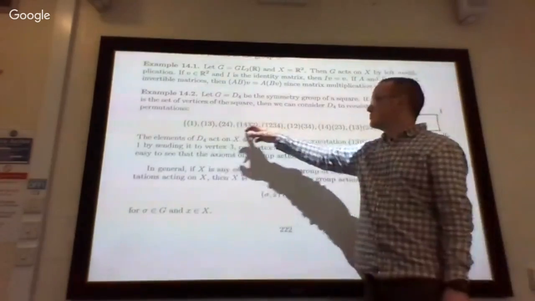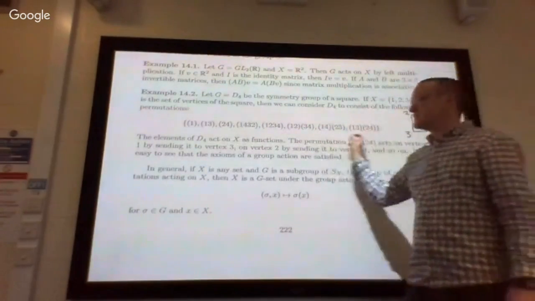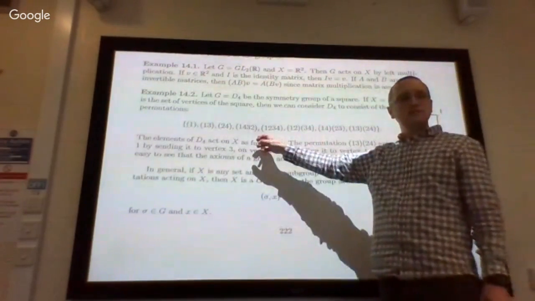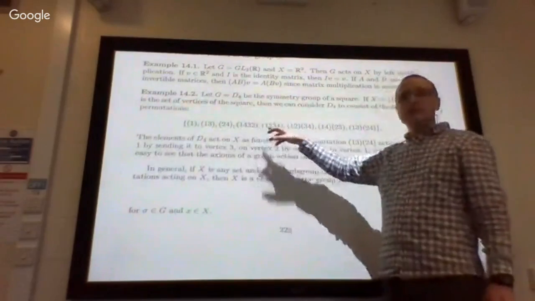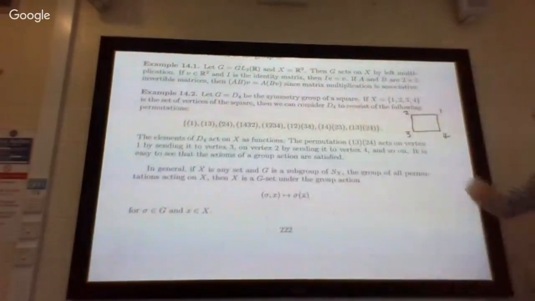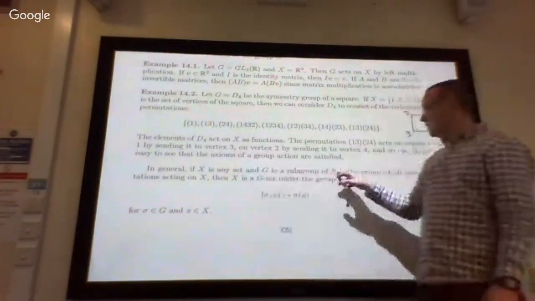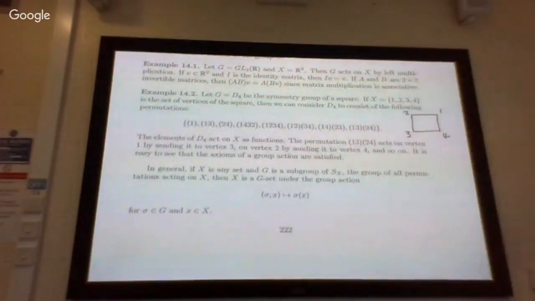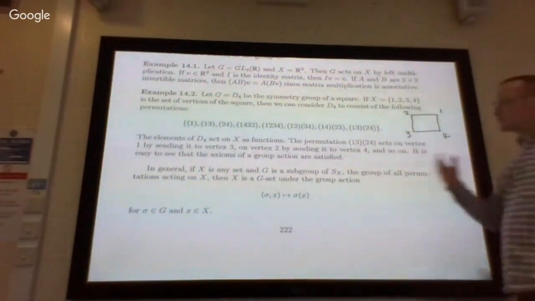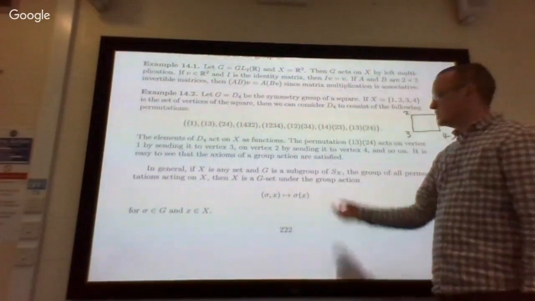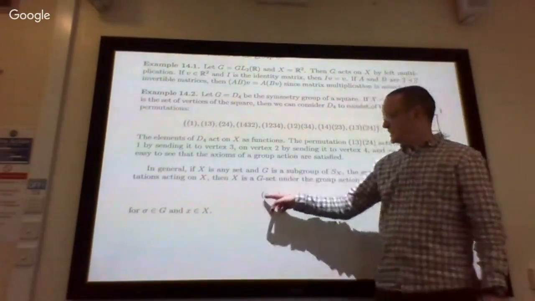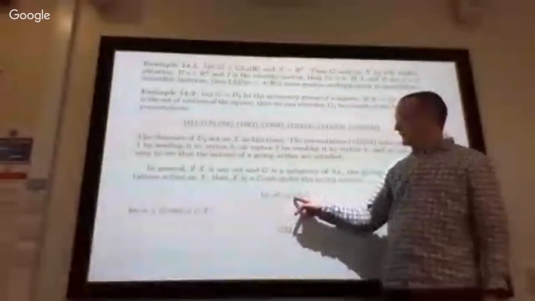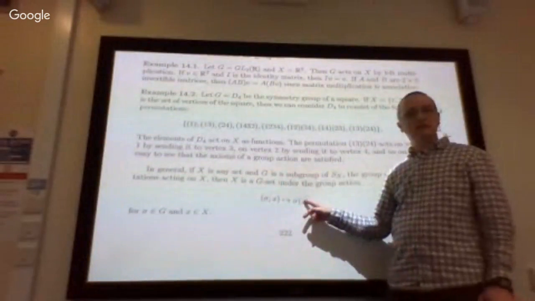The dihedral group D4 represented like this isn't all of the permutations of 4 elements, it's only some of them. So we're in this case that we've got a subgroup of the set of permutations of all the elements. Then that will naturally give rise to a group action just under this idea of taking the permutation sigma and just applying it to the argument X.